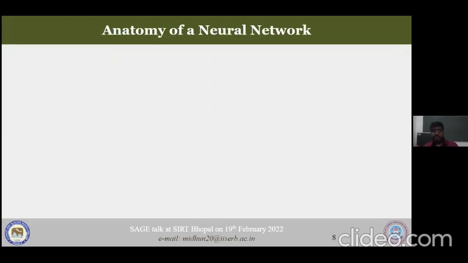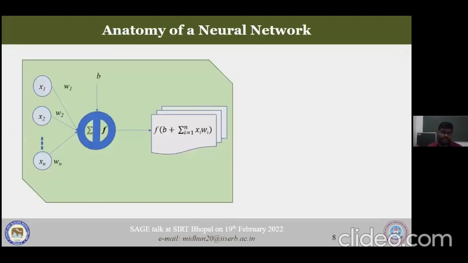So, going into the anatomy of a neural network. Suppose we take a single neuron, and this is what happens inside. This is a neuron taken from an ANN, just as an example. One neuron is connected to several other neurons from the input side, right? Each neuron has an associated weight and some bias.